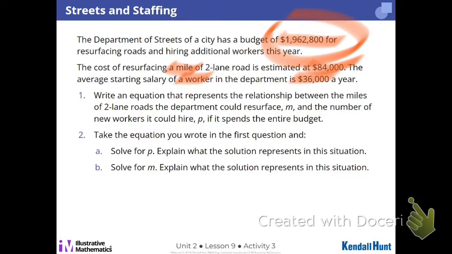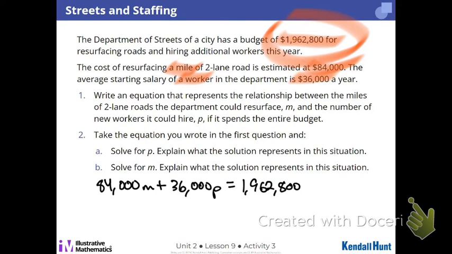Okay. So here is my original equation I'm working with. I've got 84,000 per mile plus 36,000 per person working to total $1.9 million. So if I want to know, depending on mileage I need to pay, how many people I can hire, here's what I got to do.